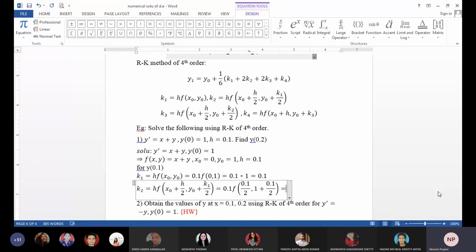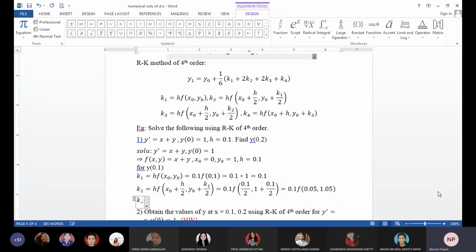So this turns out to 0.1 f of 0.05 comma 1.05. That is my k2. तो k2 कितना मिलेगा? 0.1 multiplied by x plus y.